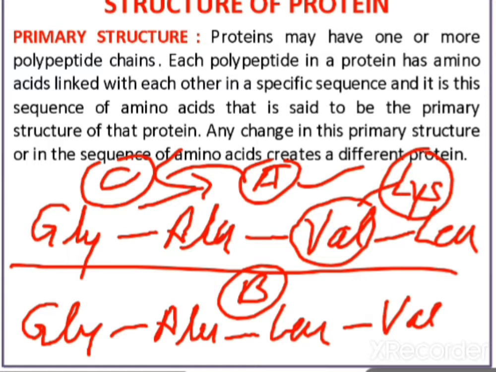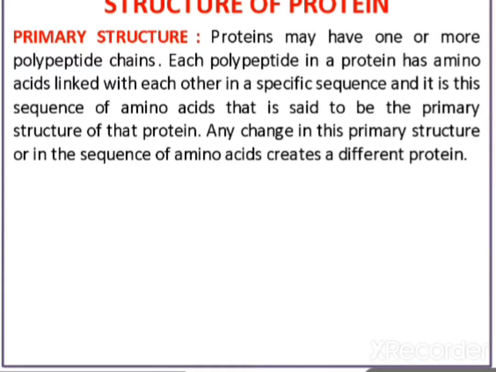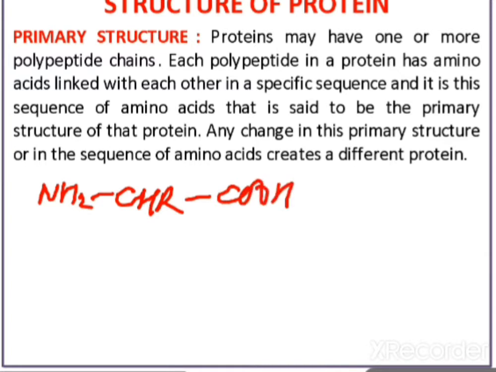Now, what will be the structure of protein? In a very simple way, I'm writing an amino acid like this: NH2, CHR, COOH. This is the amino acid. Again, one amino acid: from NH2 one H is replaced, from carboxylic acid one OH is replaced. So what will be the structure?